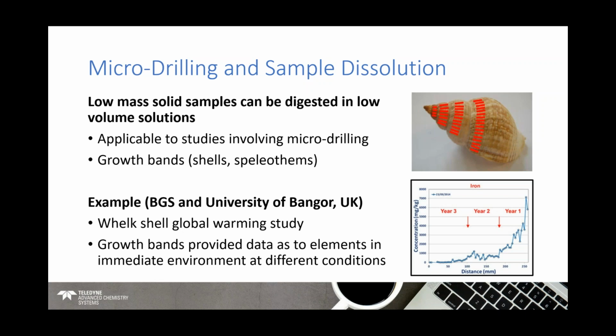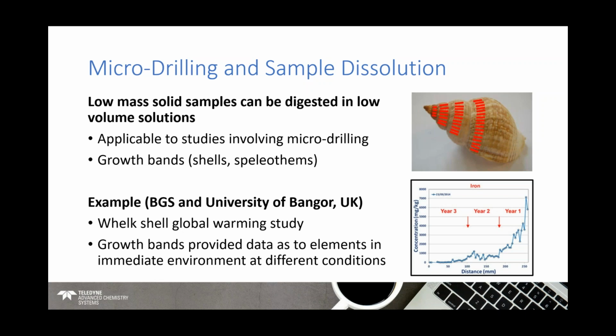So these shells have been taken, certain sections of the growth bands have been drilled out, and then they've been digested and analysed, and they can correlate those growth bands with different environmental conditions. So in this case, what you're seeing on the graph is iron analysis through these growth bands.